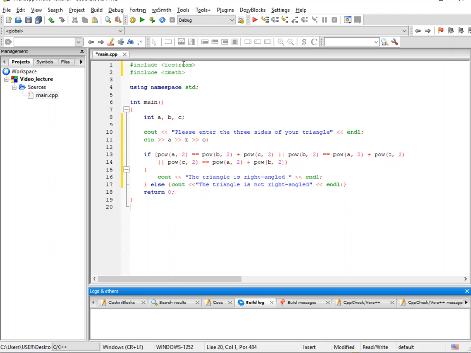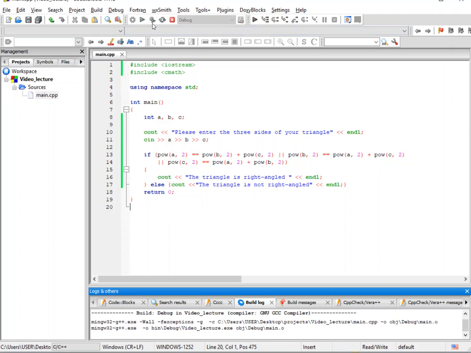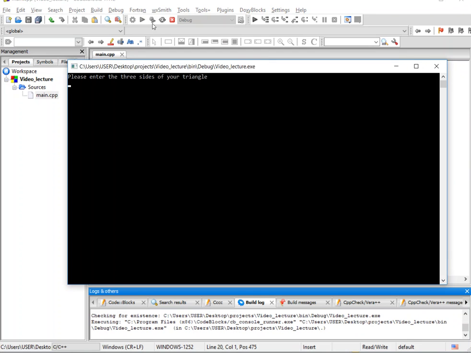Let us try and run our program and see whether it will run. Please enter the 3 sides of your triangle. Let's enter 4 for side 1, we enter 5, and we enter 3.